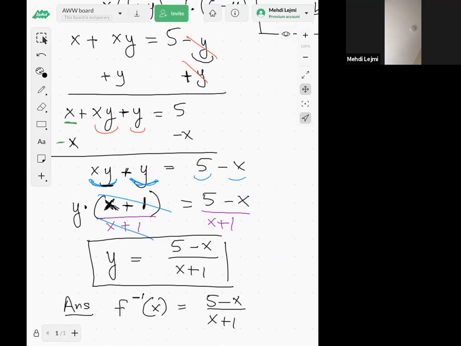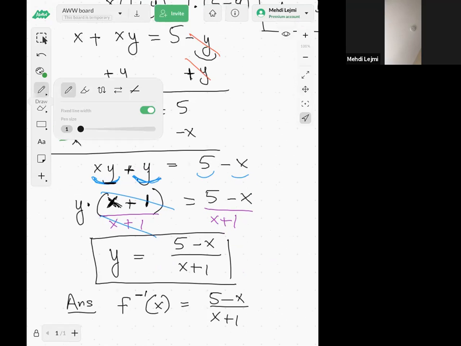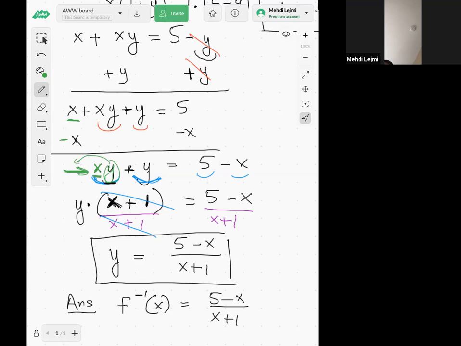All right. So you see here, you have x times y. So I decide to factor out y. If you factor out y, then you are left with x. That's my x here. And then there's a plus. Here's my plus.